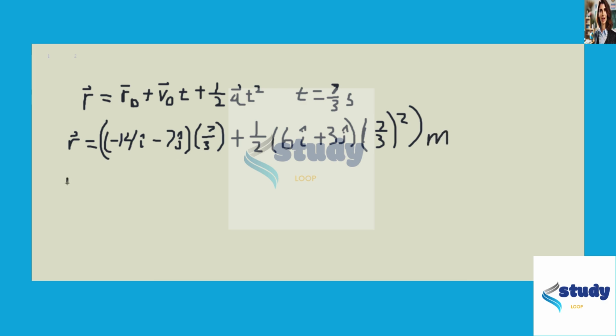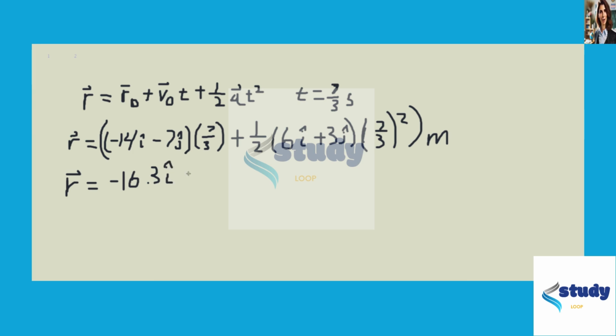Okay, so now if you go through and carry out all the multiplication, you do minus 14 times 7/3 i hat plus 1/2 times 6 times 7/3 squared i hat. That's going to give you minus 16.3 i hat.